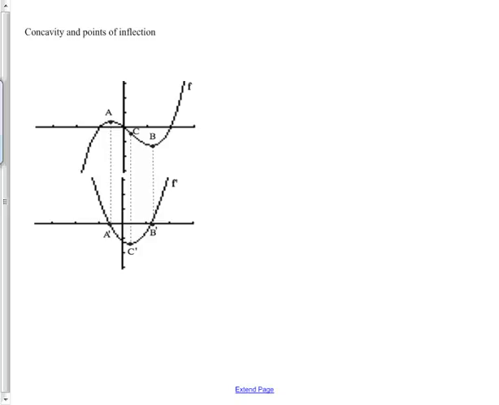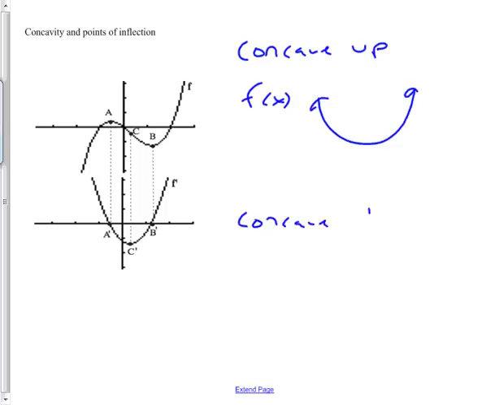All right, so in the last video, we were talking about concavity, and you've already seen this, but the idea, concavity: for something to be concave up, our function is going to look like this, and for it to be concave down, our function is going to look like that.